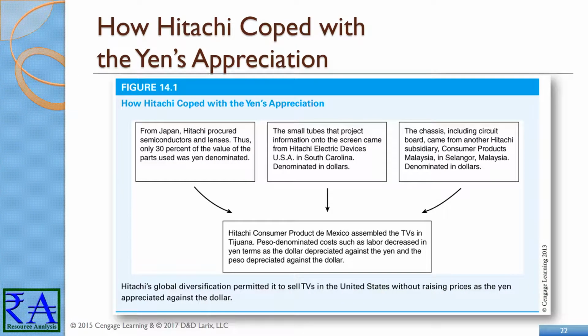Hitachi was a widely known name of TVs in the 1990s. As it turns out, their components combined video projection units made in the USA with circuitry and chassis made in Malaysia, and final assembly in Japan, where only about 30% of the TV set's final value was integrated.